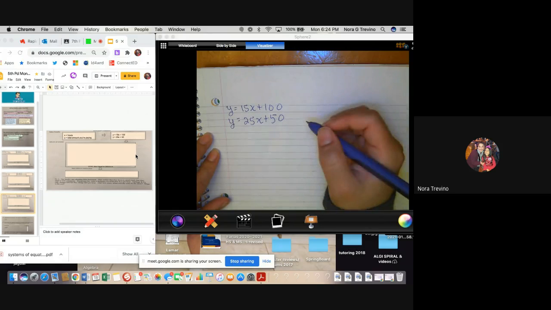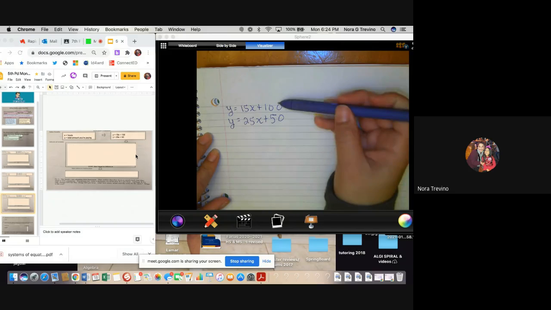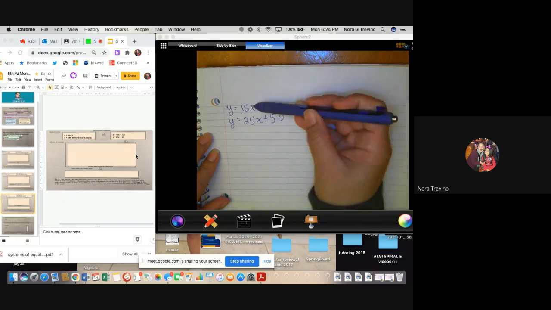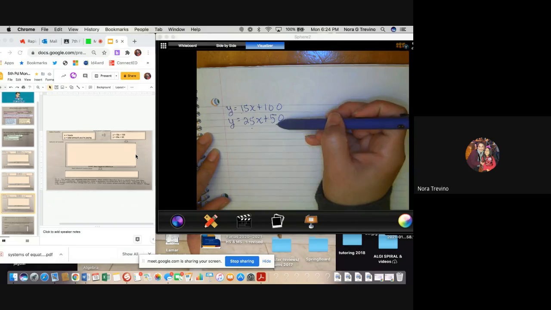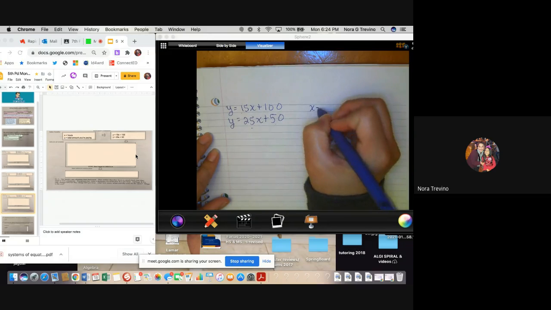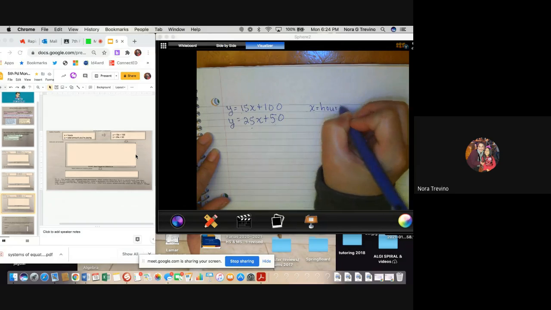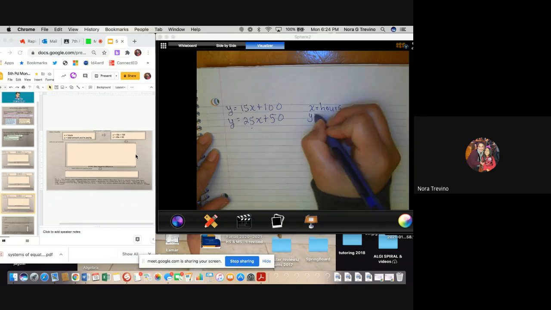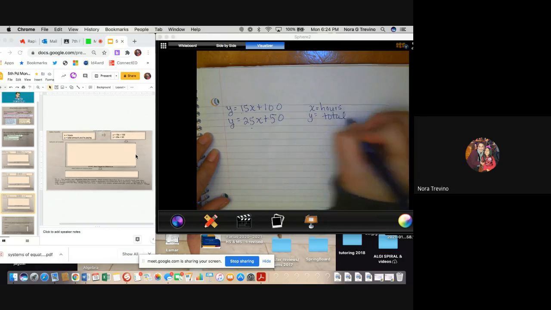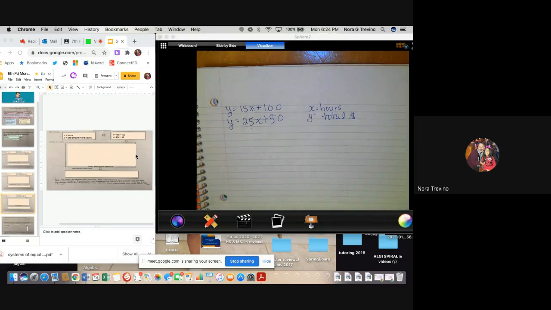And this was the one about the family needing to clean up, and Dumpsters Incorporated was charging them $15 an hour plus a $100 fee, and then Garbage R Us was charging them this much. So X represented the hours. Maybe you're going to rent it 1 hour, 2 hours, 3 hours, I don't know. And then Y represented the total amount that you were going to pay at the end.